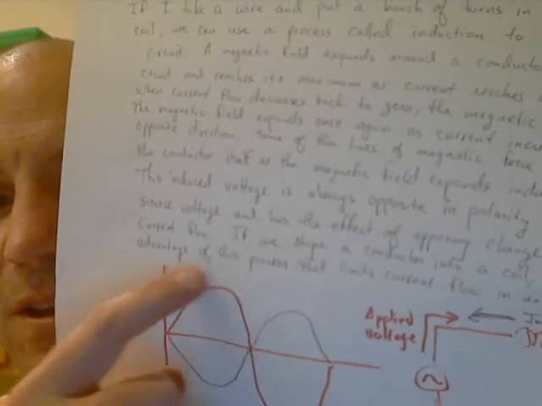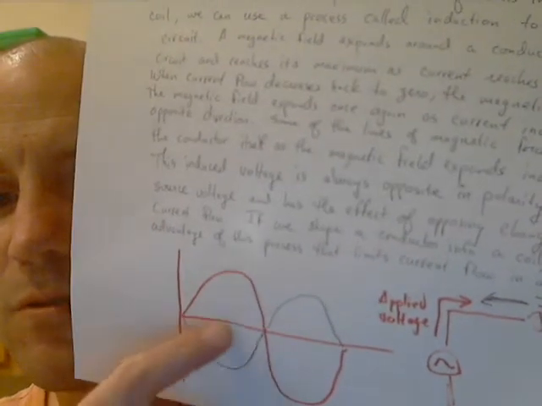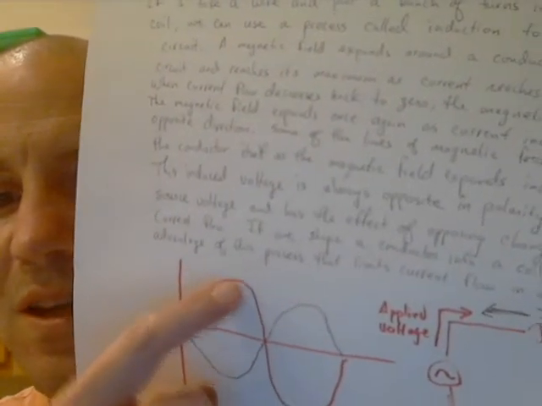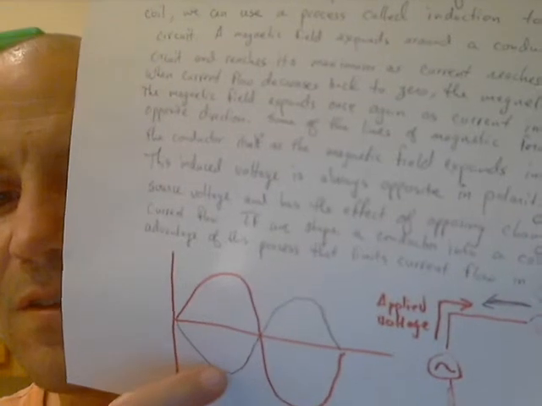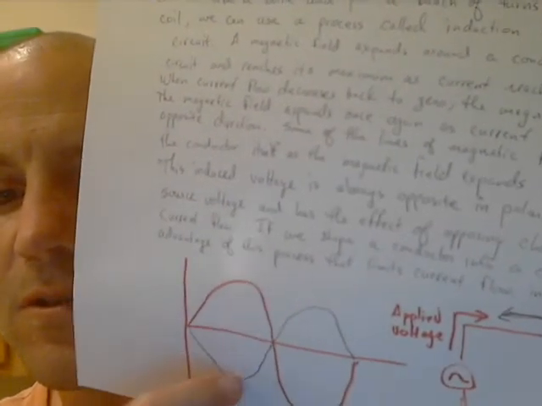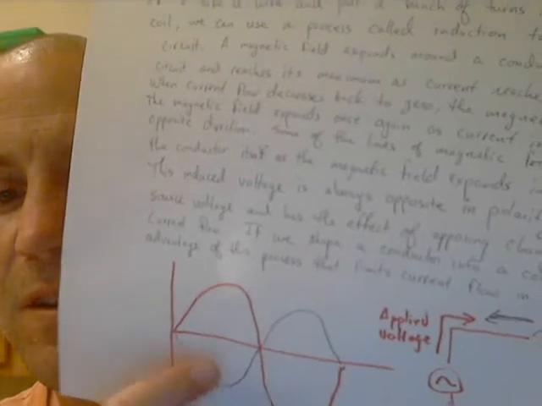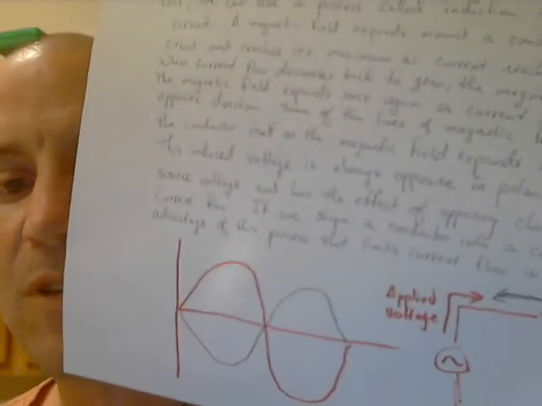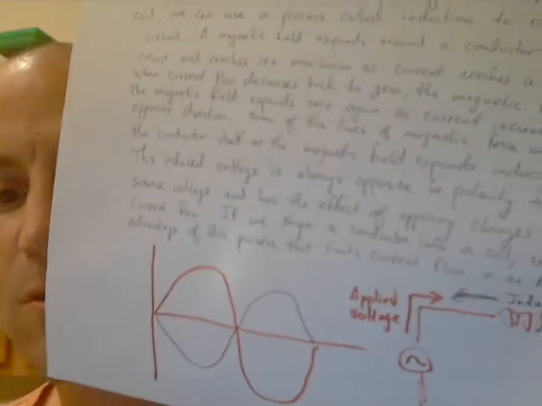So if this red line represents our source voltage, and here it's at a peak, then the voltage induced by the coil is going to have its peak in the negative. It opposes the source or applied voltage in the circuit.